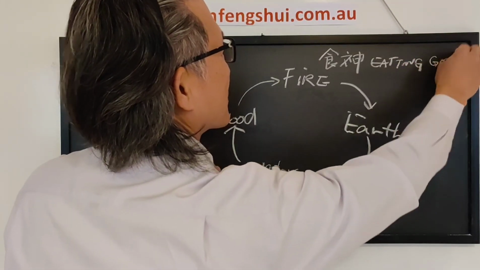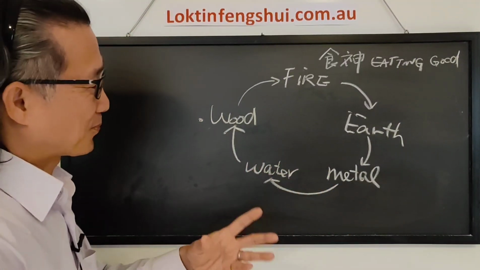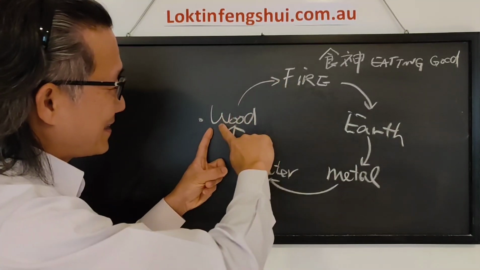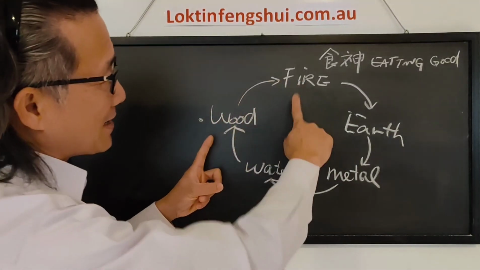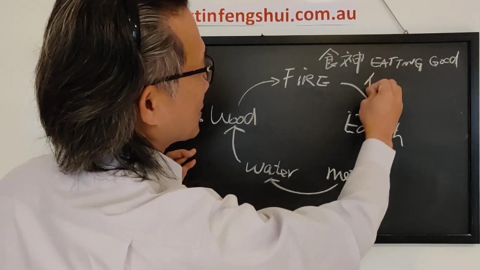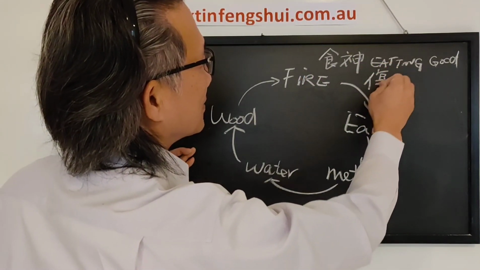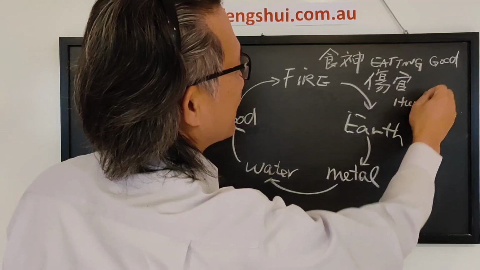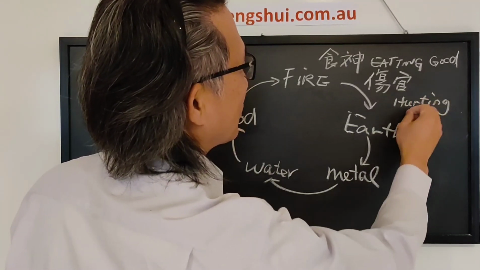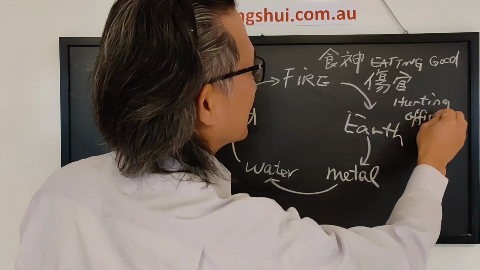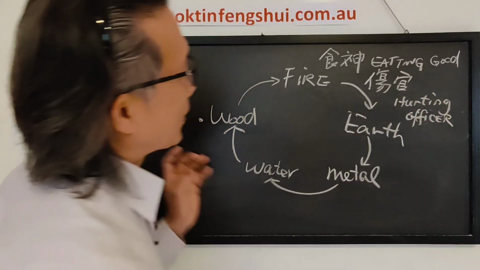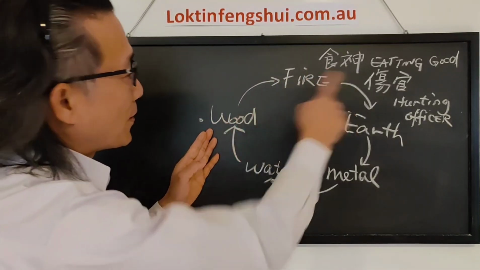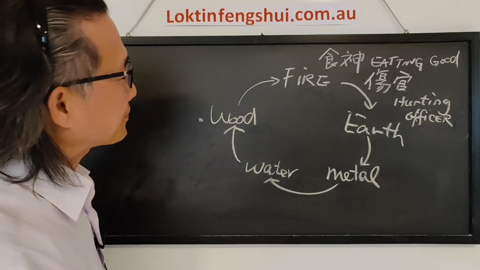This is a direct translation. You can think of it as eating away the wood. Or they have another name, Seung Gun, which I translate as hurting officer. What that means is when the fire burns the wood, it eats away or hurts the wood.